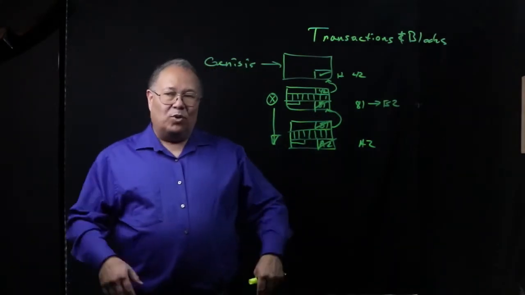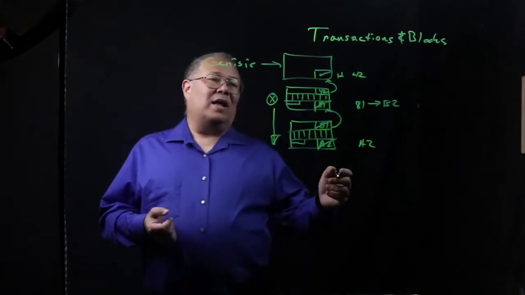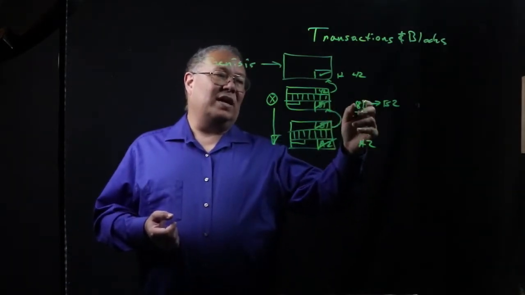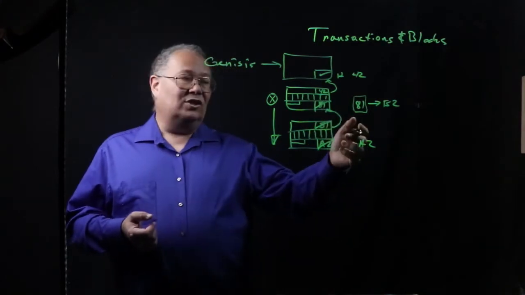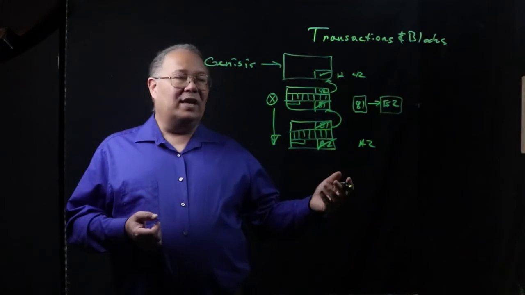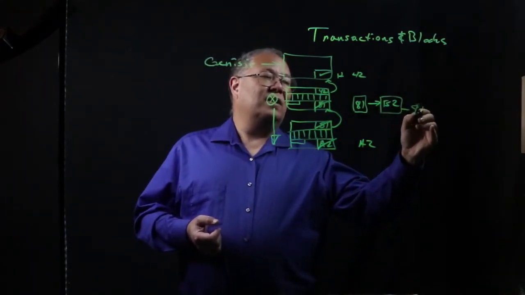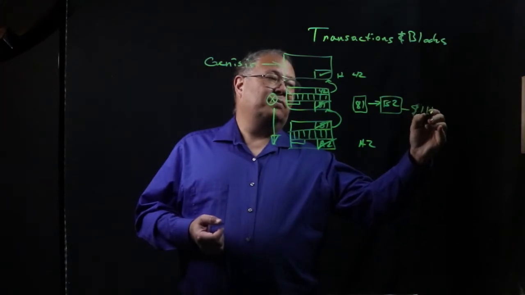Now, the proof of work algorithm basically says, I spent a lot of effort in coming up with this 81. And if you're going to change it and cheat, then you're going to have to put in that much effort to be able to fake it. And right now, that's running about 11 million an hour.